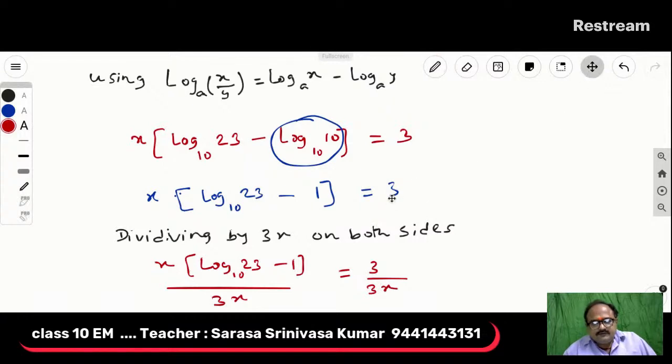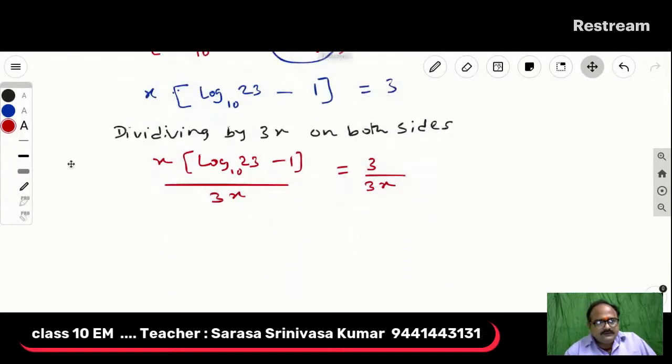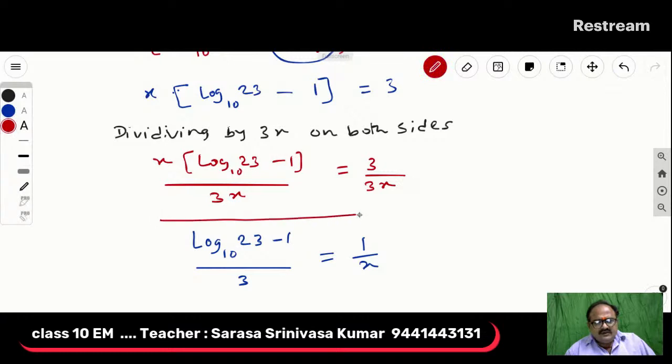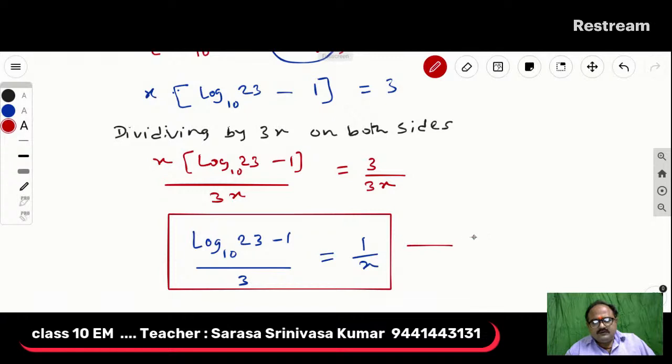Hence from this step we get log 23 base 10 minus 1 divided by 3 equal to 1 by x. So this is taken as 1. We consider this result as 1.